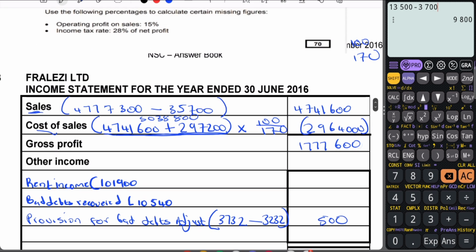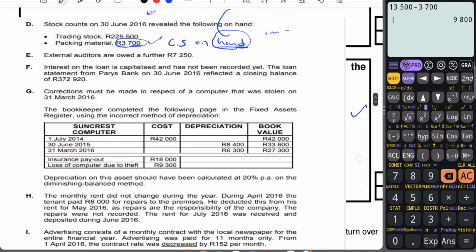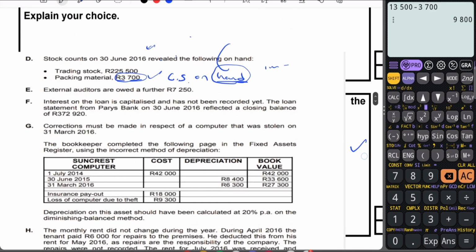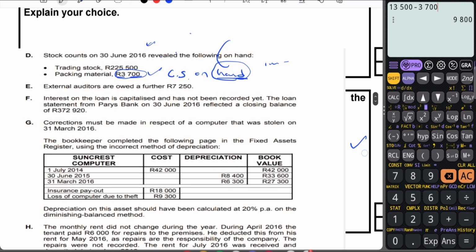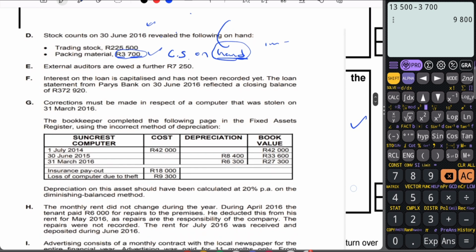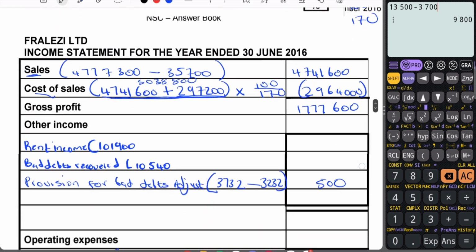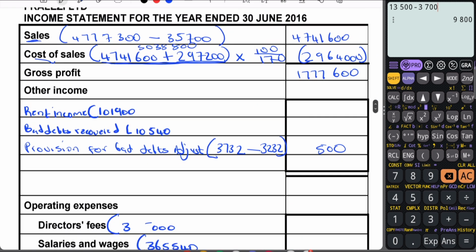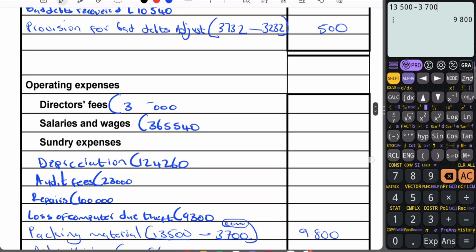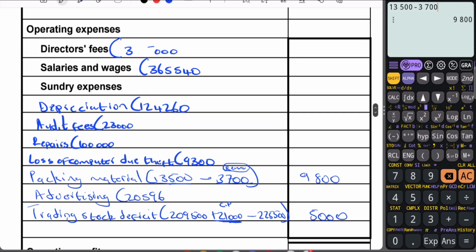Okay, now we can continue with our information. Information number E. External auditors are owed a further 7,250. We are still owing, so we need to go back now to our audit fees and add back the amount that we are still owing, which is 7,250.